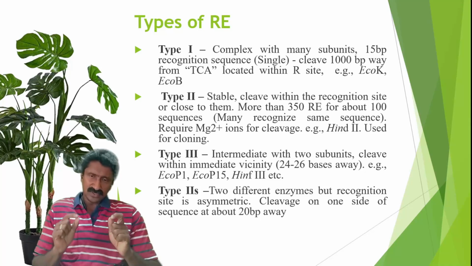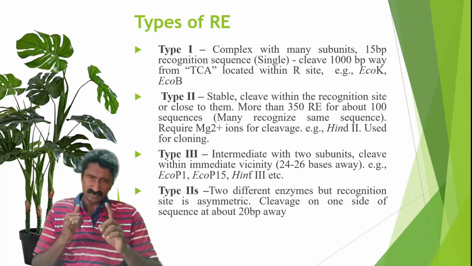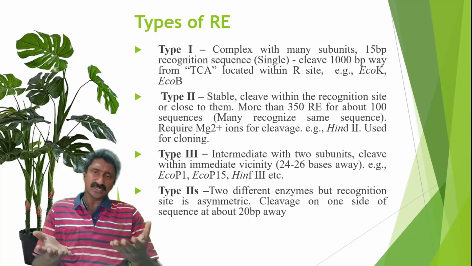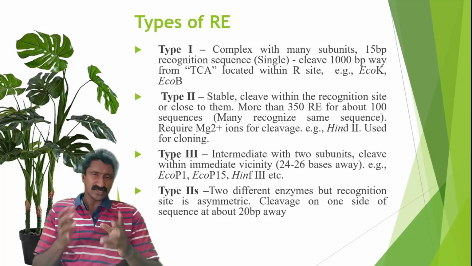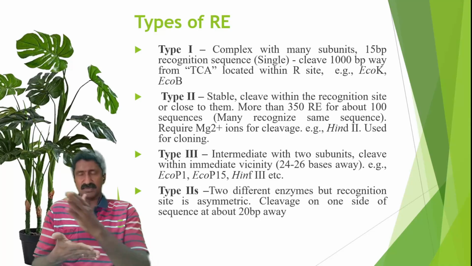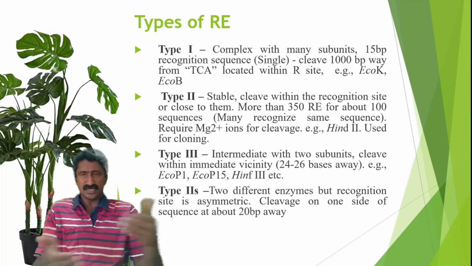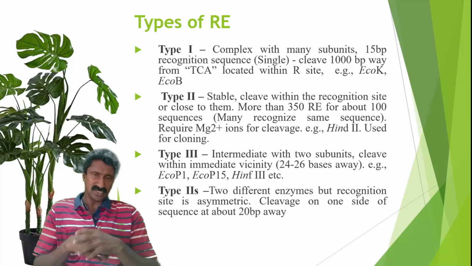Now there is a type 2S category, which involves two different enzymes, but the recognition site is asymmetric. The cleavage is on one side of the sequence at about 20 base pairs away. So two different enzymes will be there, and the recognition site is asymmetric. We will discuss symmetry with another image later.